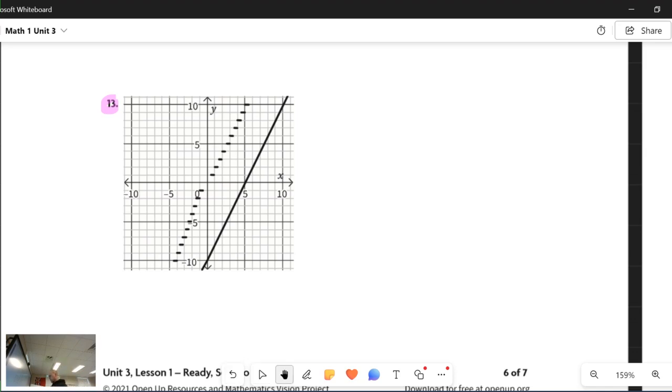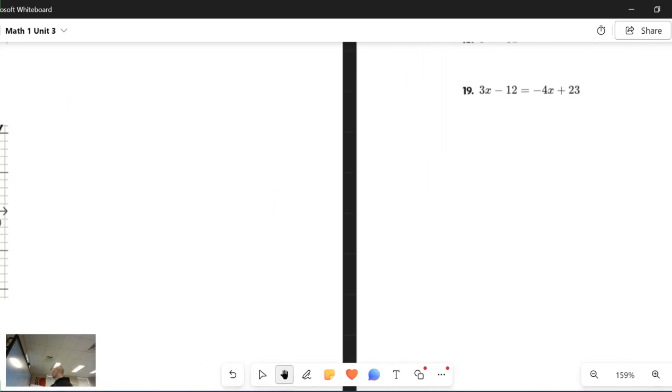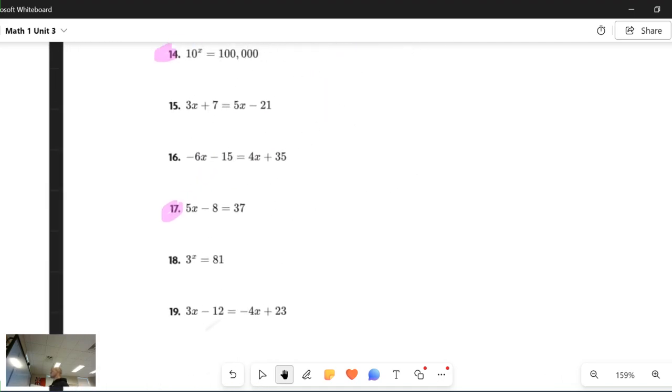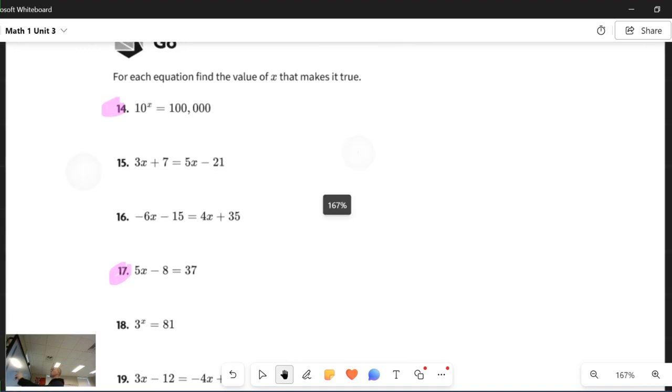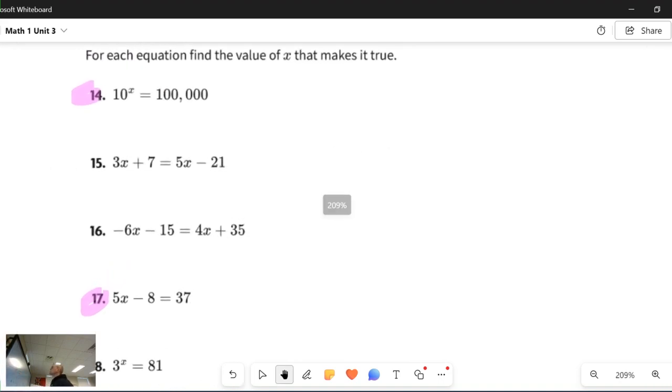Moving on to the last little section, there's two short problems here. We've got problem 14, which is 10 to the x power. So we're old school solving here. For each equation, find the value of x that makes it true. In this case, you guys are just looking to plug in values. 10 to what power is going to give us 100,000?